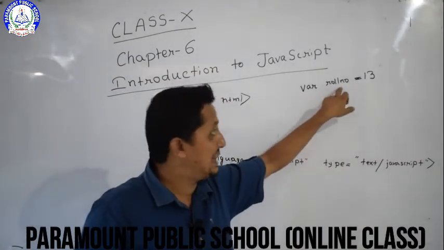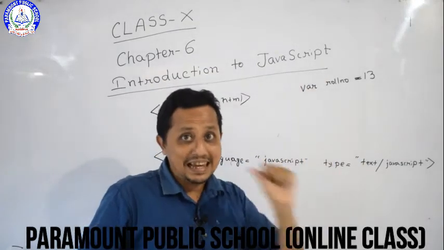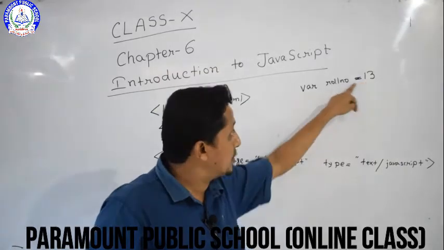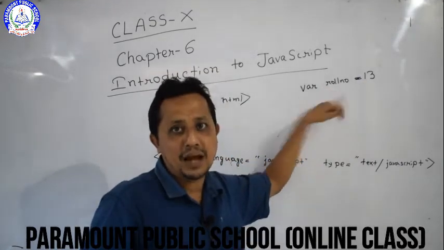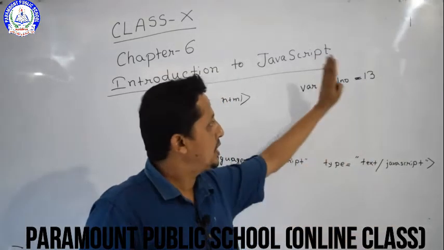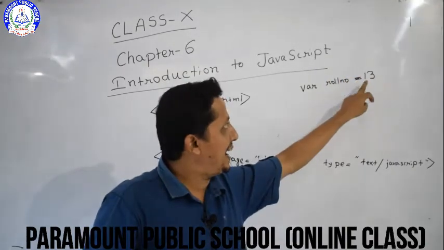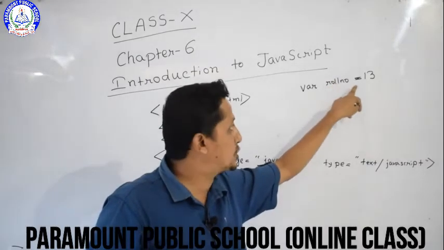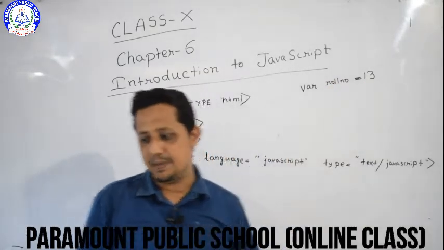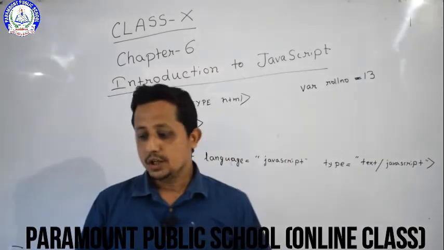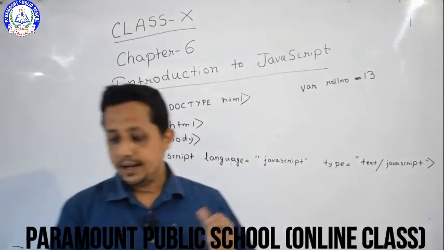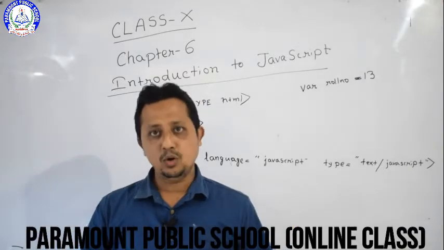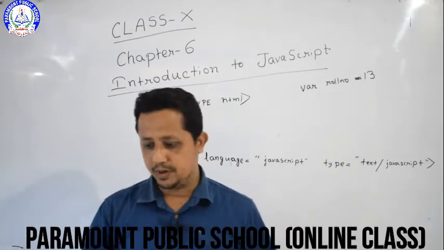It means I am assigning a value 13 to the variable roll number. So assignment statement is basically used for assigning a value to the variable.